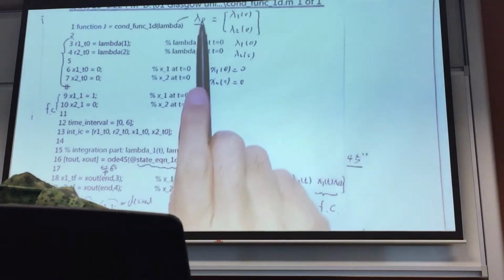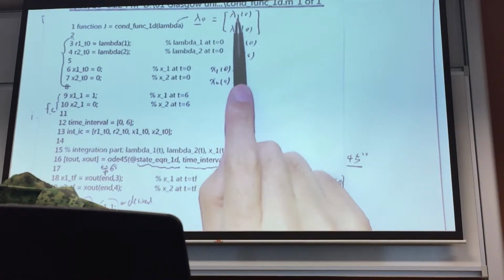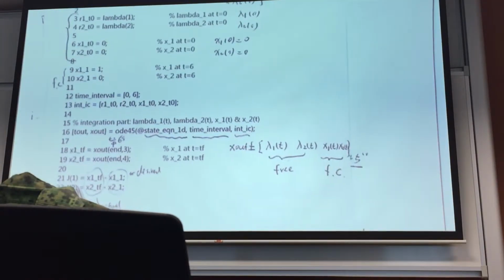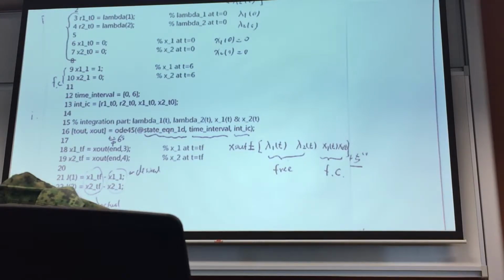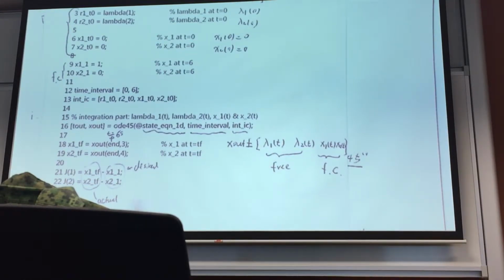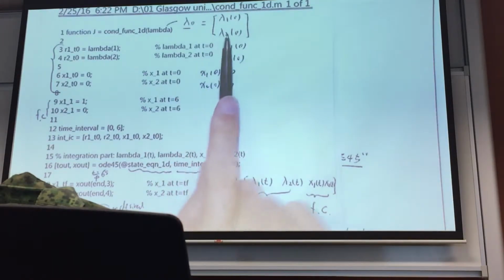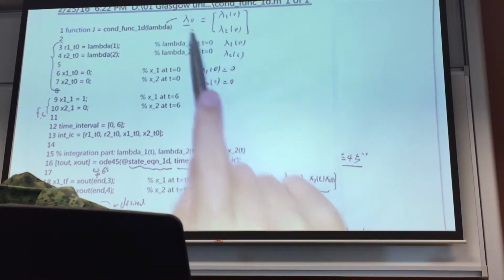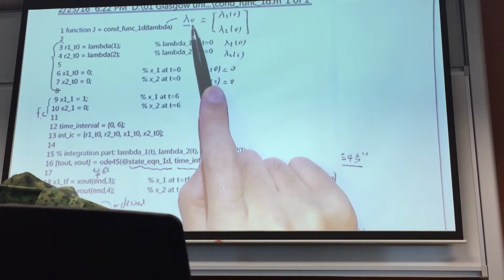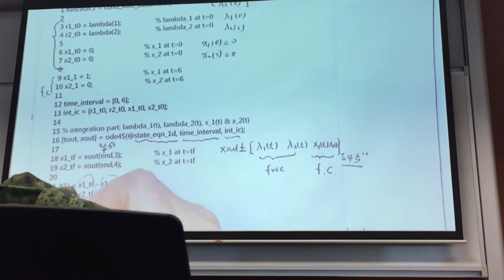If your initial values for the lambda are wrong, then this will not be 0, so the final condition cannot be met. However, if you are lucky enough and get the correct value for lambda 0, eventually this will be 0. Right? So this is the idea of the MATLAB code.